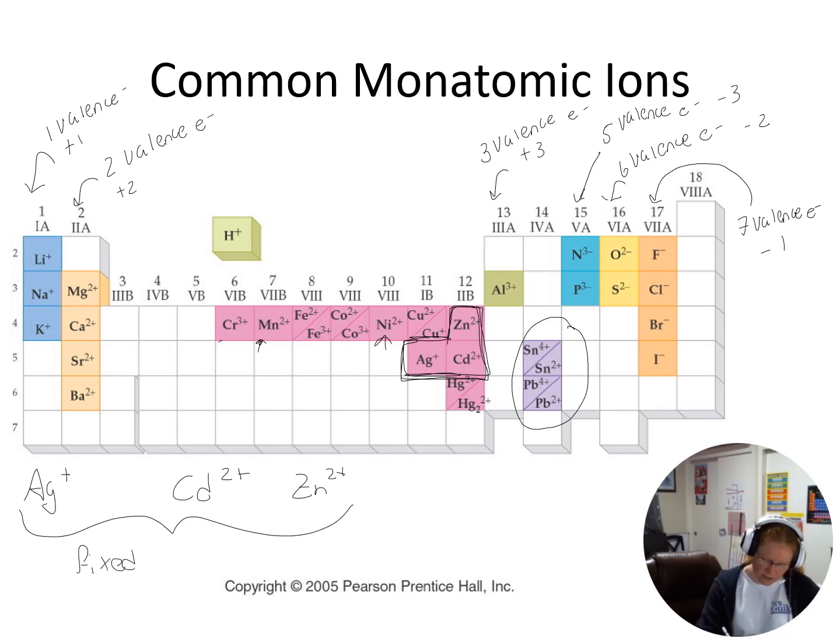So these are fixed charges. Okay, so these three do not need the Roman numeral, even though they're transition metals. So you just have to memorize these three and recognize that these three are an exception to the transition metal rule. They do not need a Roman numeral. The rest of the transition metals, we still need our Roman numerals.